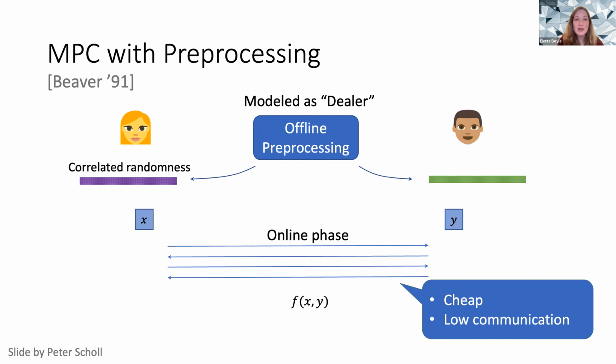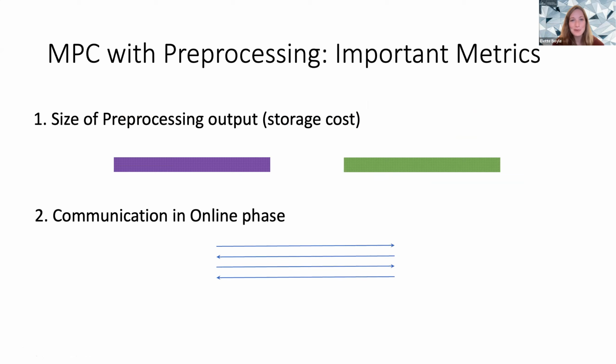You can study the offline part in an intermediate setting where you view it as some correlated randomness that a dealer gives you. The important metrics of such protocols are how much preprocessing you need, and what the communication is in the online phase.